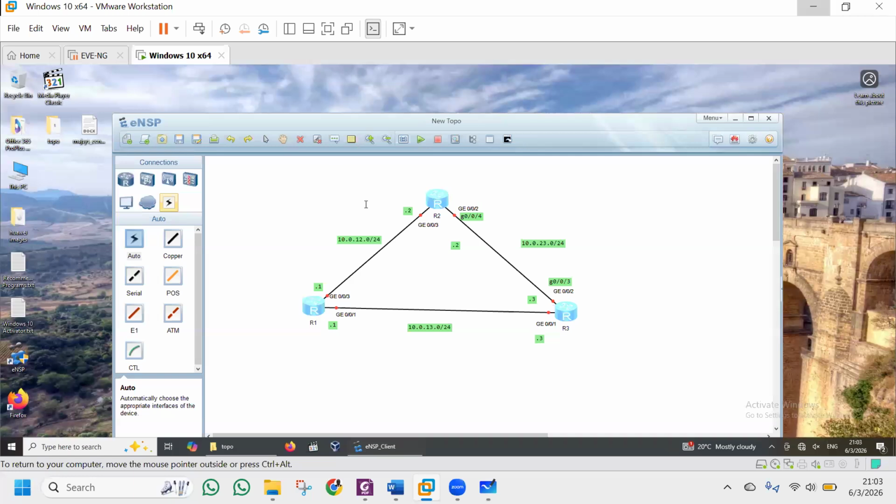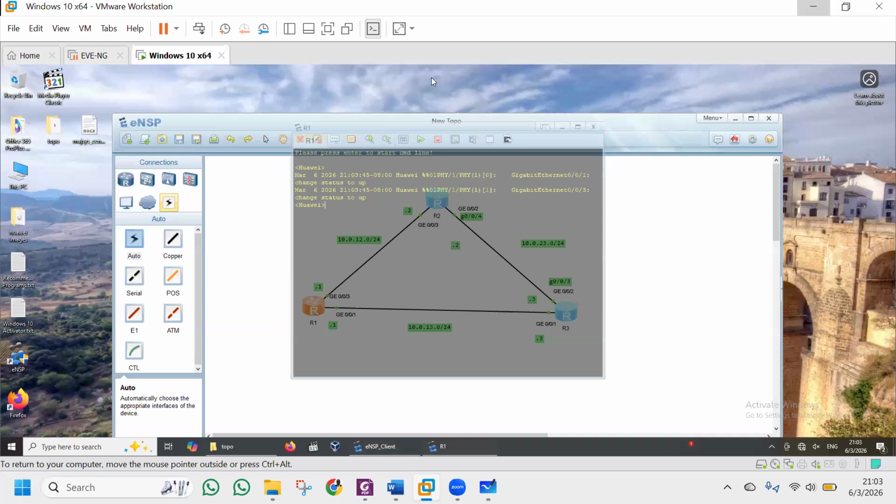All right, so starting with R1, system view. I go to interface, let's start with 0/0/3. 0/0/3 is 10.0.12 IP address, 10.0.12.1, slash 24.